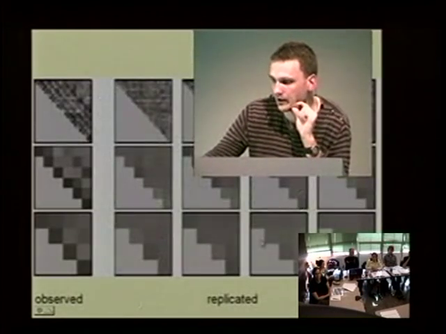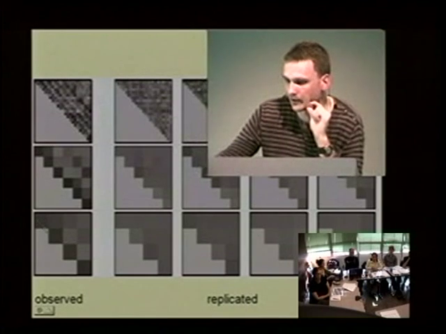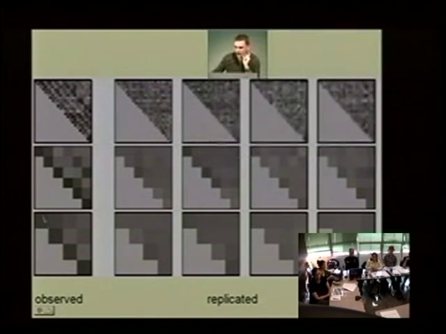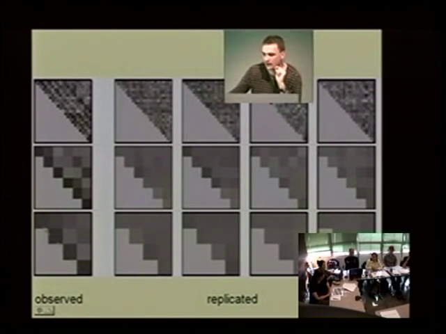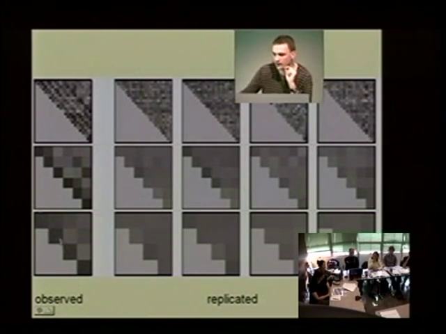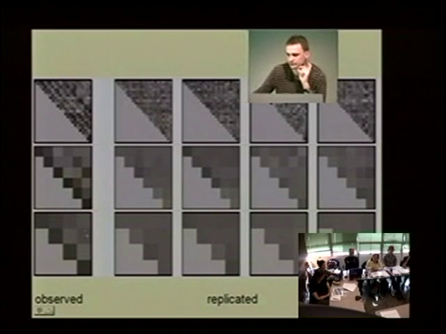So what you then see is that elements on the diagonal, so the average association between items belonging to the same situation, tend to be darker than off-diagonal elements.